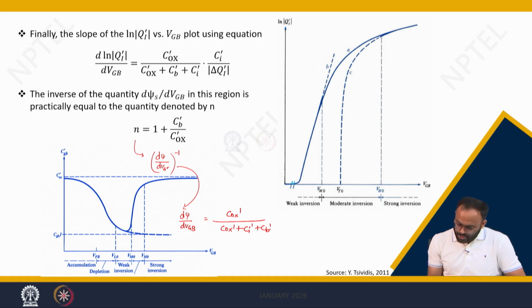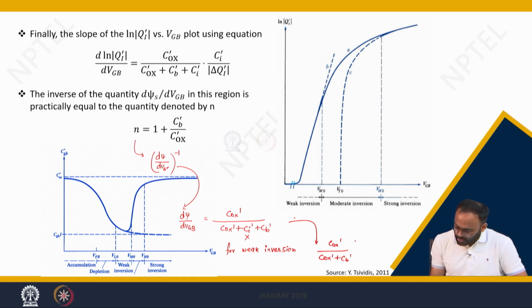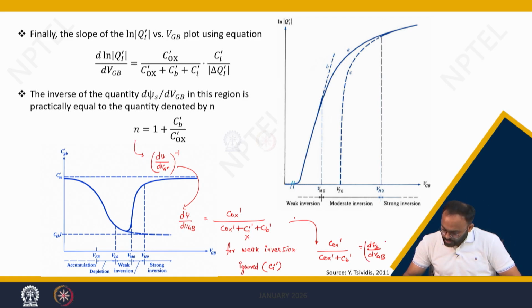So in weak inversion you do not have Ci dash, because the charge is predominantly governed or captured by immobile ions. So you can simply rewrite for weak inversion, this can be given as Cox dash divided by Cox dash plus Cb dash. This is nothing but d psi s by dVGB. We simply ignored Ci dash, right?